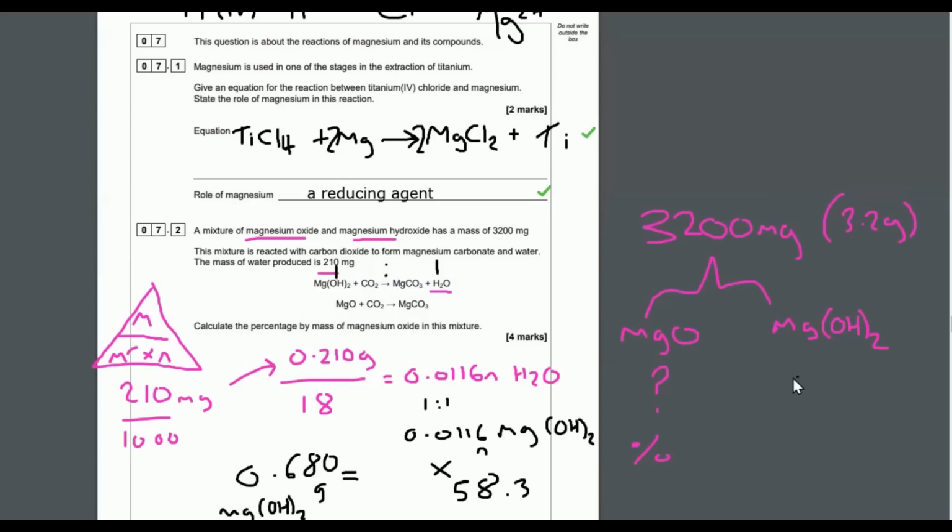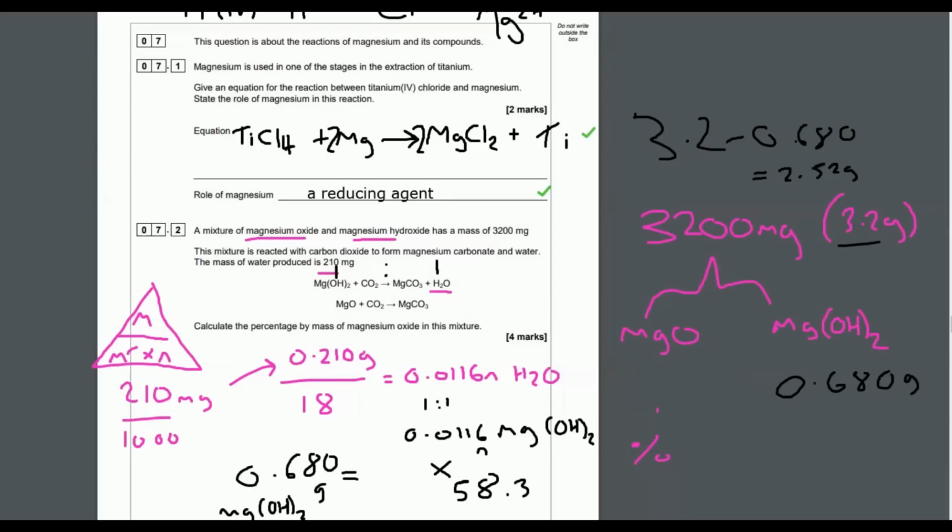If I know that is 0.680 grams, and this is 3.2 grams, then I can do 3.2 minus 0.680, and that's going to give me 2.52. So 3.2 minus 0.680 equals 2.52 grams, and that is of magnesium oxide.